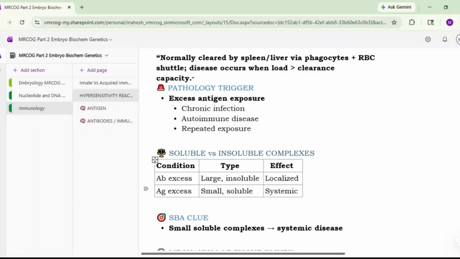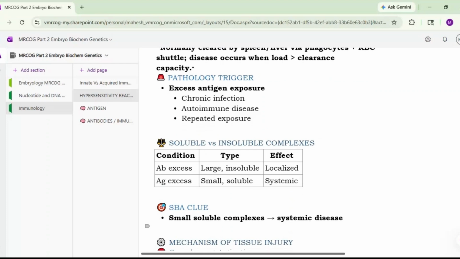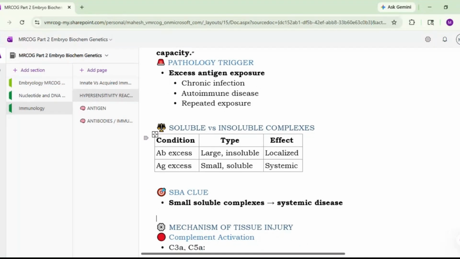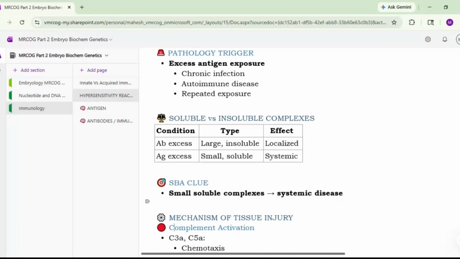A localized effect. When there is an antigen in excess, that will lead to small soluble complexes and it will provide the systemic effect. Okay, so there may be antibody excess, there may be antigen excess, and depending upon the type, the effect will be either localized or systemic. A small soluble complex will lead to systemic disease, while a large insoluble complex, when the antibodies are in excess, will lead to a localized effect.